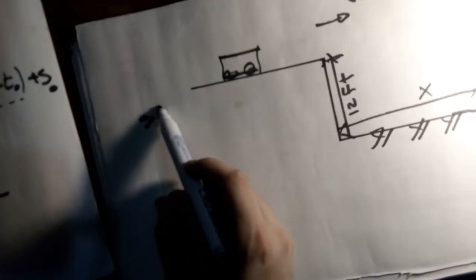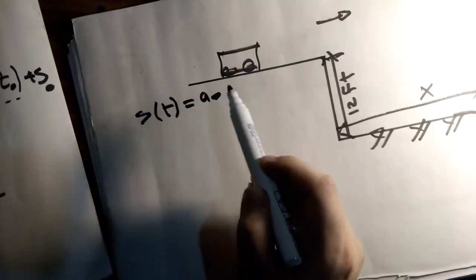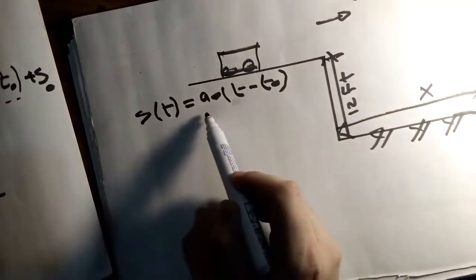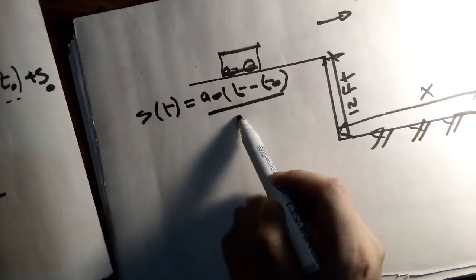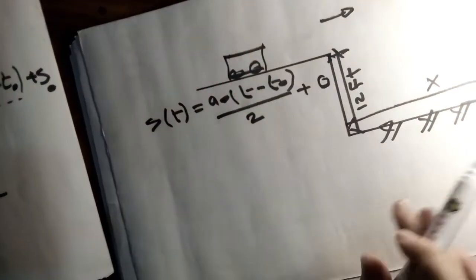So here s equals v initial times t plus a t squared divided by 2, and the first term is 0.